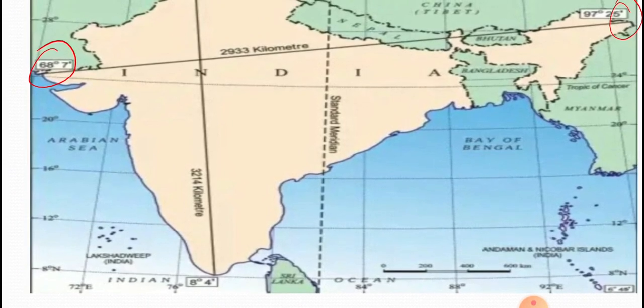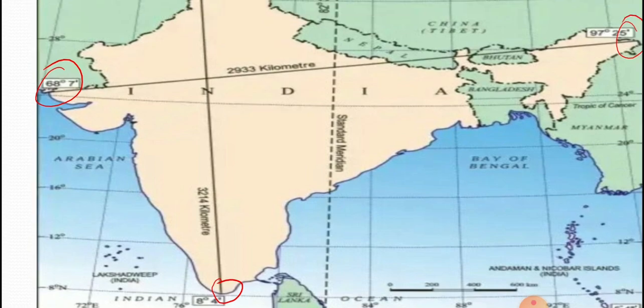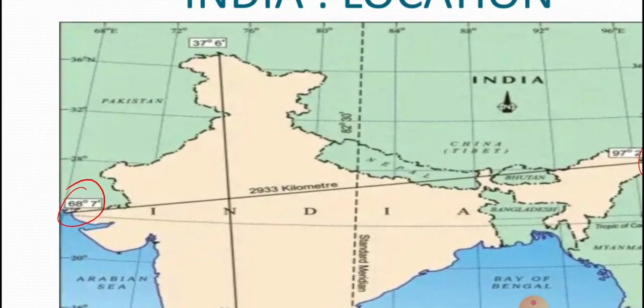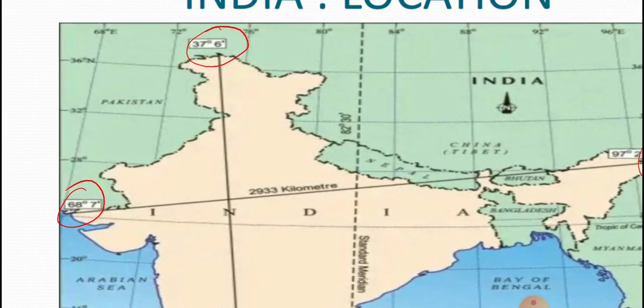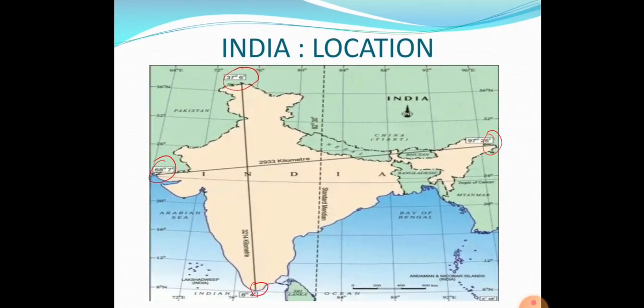And from the south, if we start, 8.4 degree north latitude to 37.6 north latitude. So the longitudinal and latitudinal span of India is almost equal. It is around 30 degree.